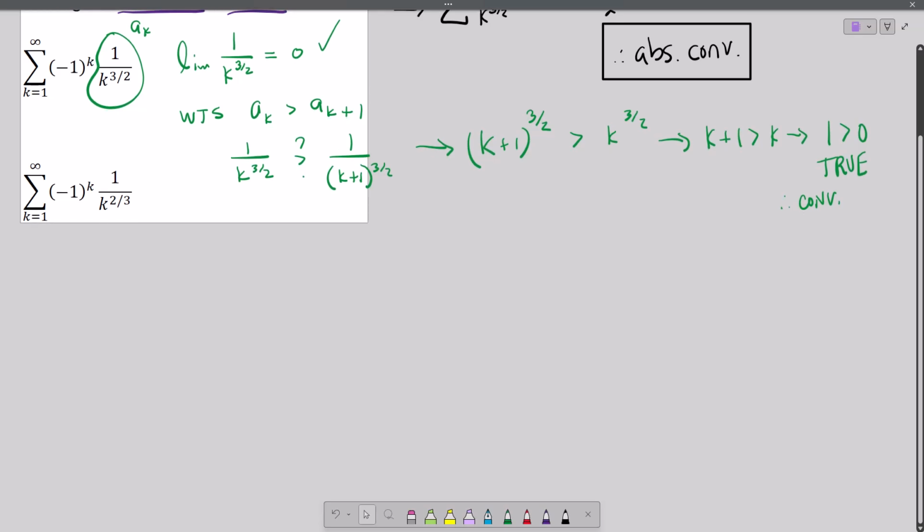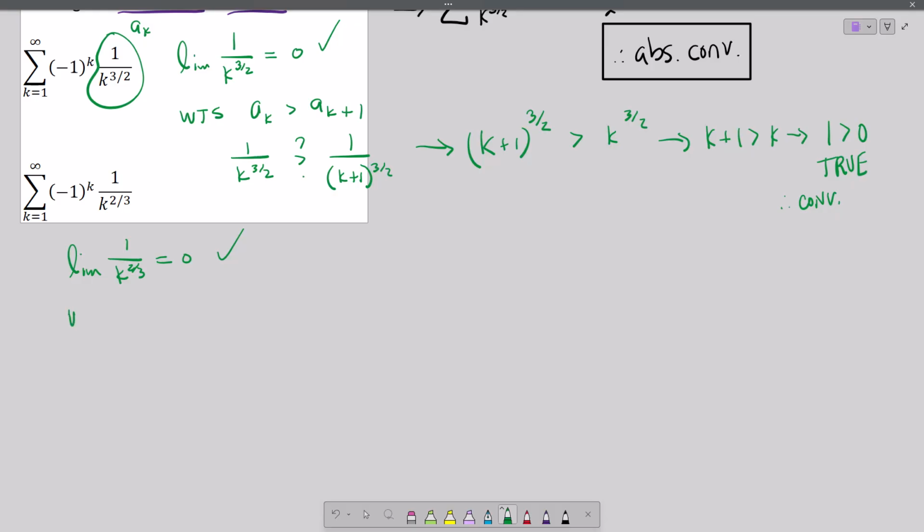Now look at this one. This one's a little different. This one, we still have the AST giving us convergence. Right? That limit is 0. The denominator gets infinitely big, the numerator is a constant, so the terms are going to 0.